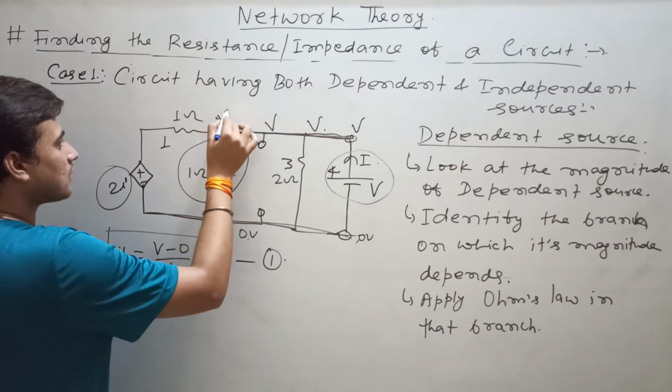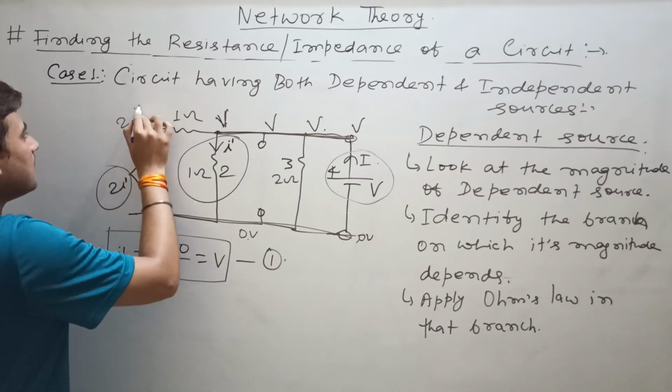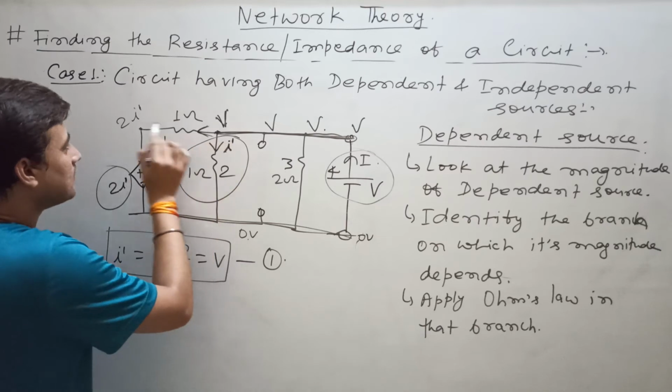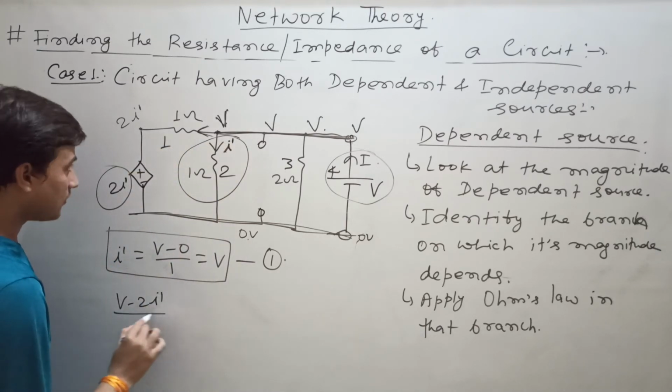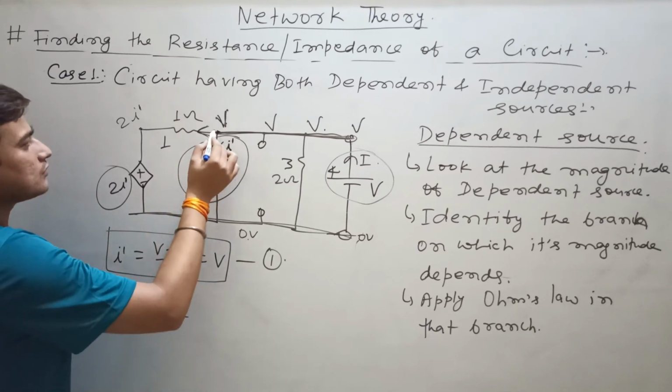So here the potential is V, potential is 0. Here the potential is 2I'. So what will be the outgoing current of this branch? This current will be (V minus 2I') divided by 1, plus here what do you see?